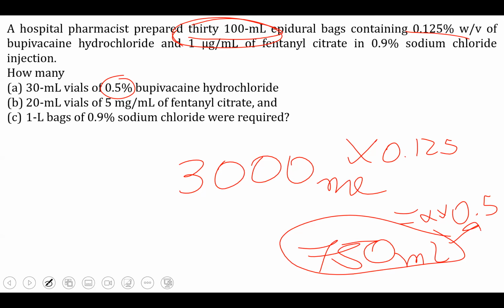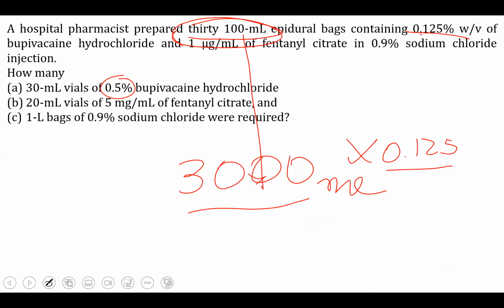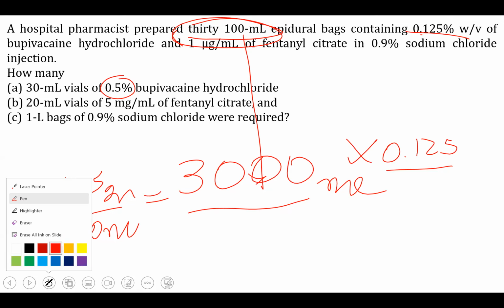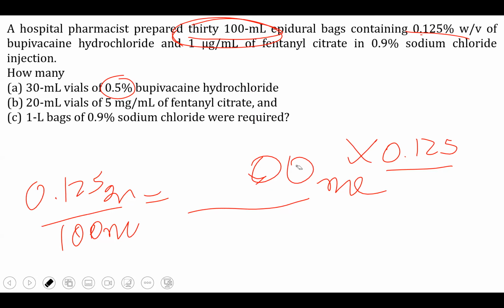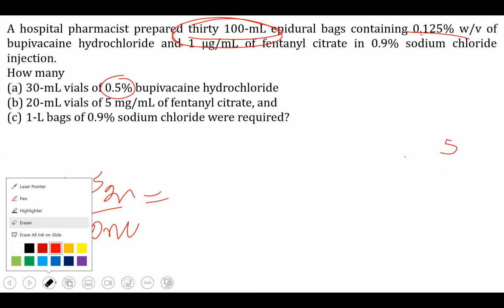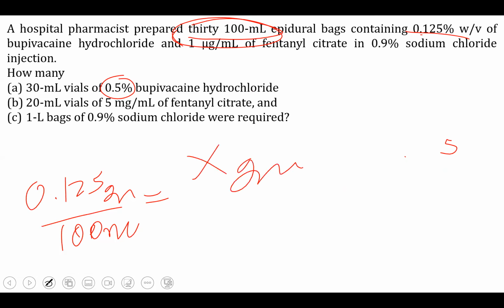Or the other way around, if you want to go by weight, okay, 3000 ml at 0.125, prepared at the concentration of 0.125% weight by volume. That is nothing but 0.125 gram in 100 ml.